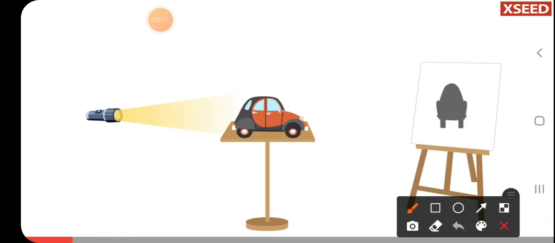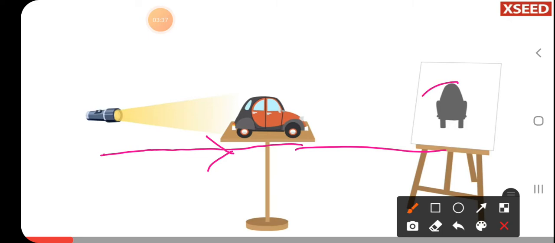Children, from this video we understood first and foremost that when light is passing from the light source and falling on an opaque object, that object will block the light so that we are collecting the shadow. And remember, we always collect the shadow on a screen.